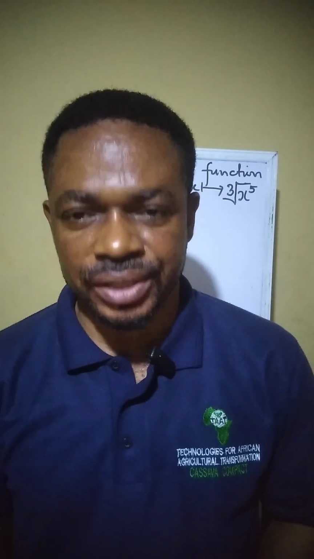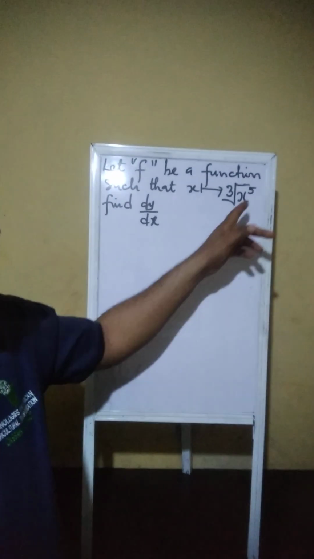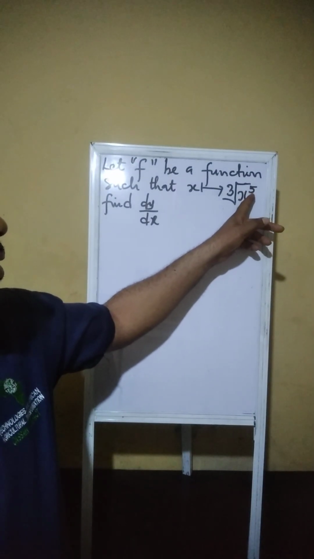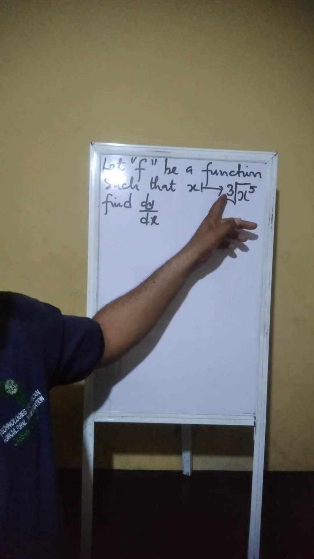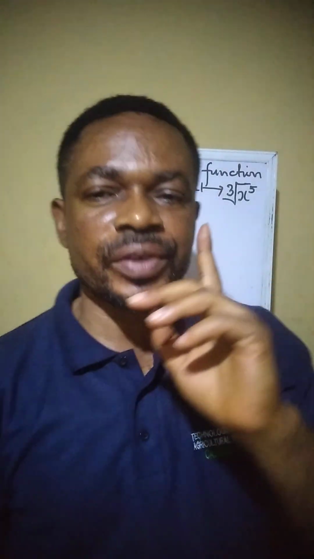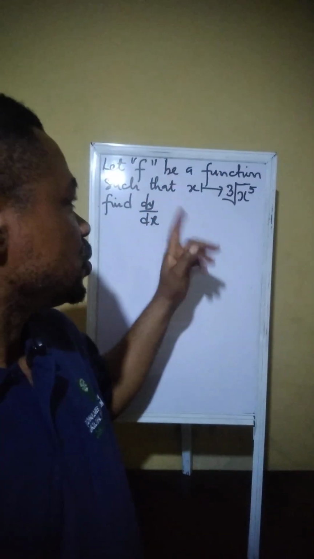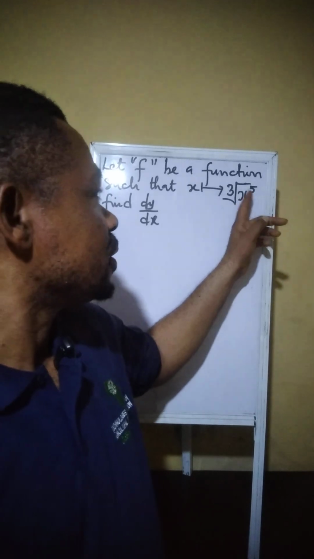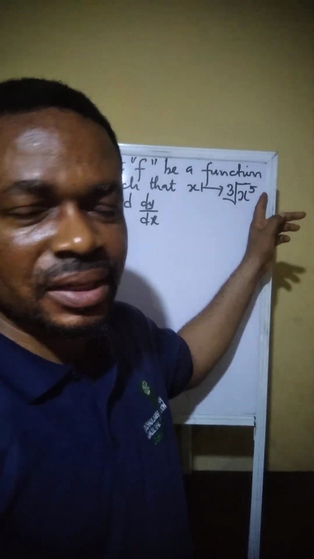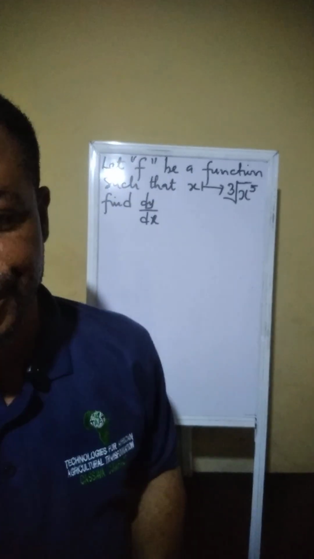Now we are considering another phase of differentiation that has to do with roots of a function. This time around we are considering where the power of x is greater than the root. In my previous video, I introduced where the power of x is less than the root.